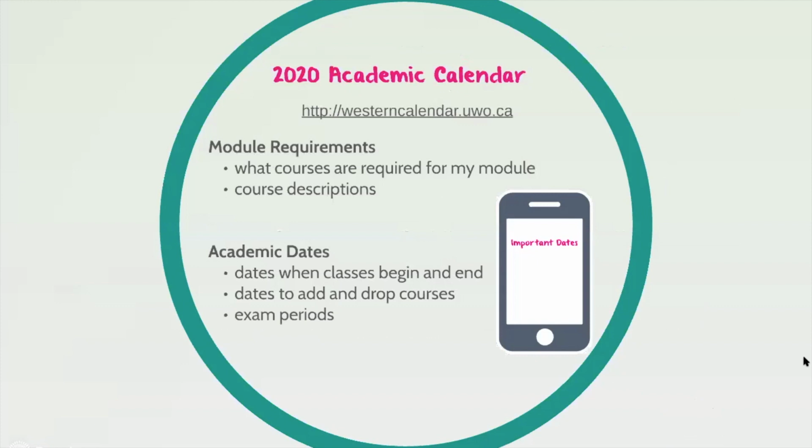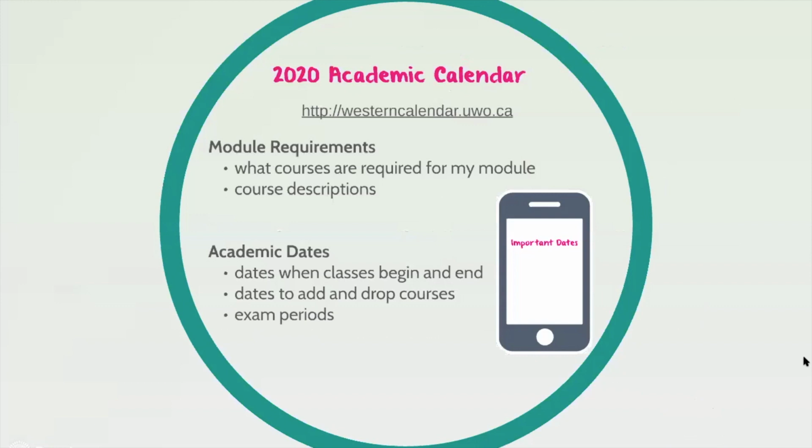So moving along, the academic calendar is a really great resource that you'll be using throughout your university career to look at your module requirements as well as your academic dates. In the module requirements, it'll tell you what courses are required for admission, so what first year courses you need to take in order to enter those modules in second year.